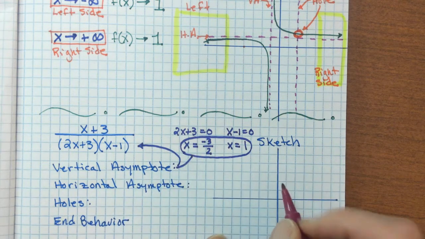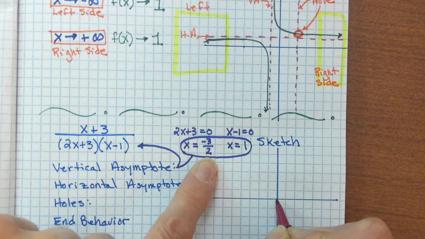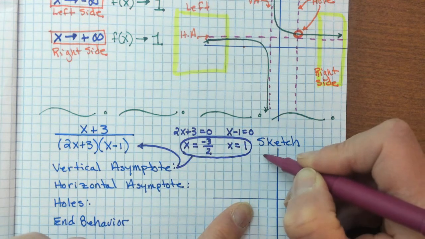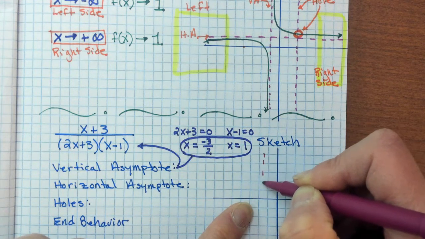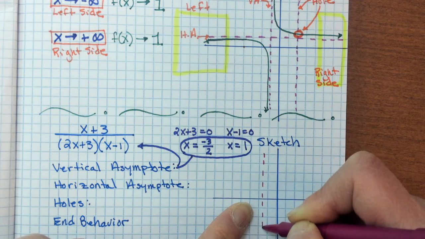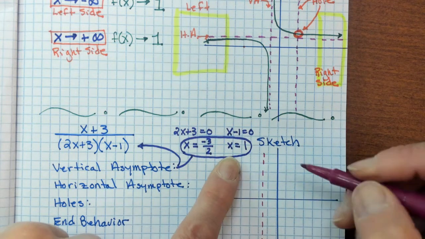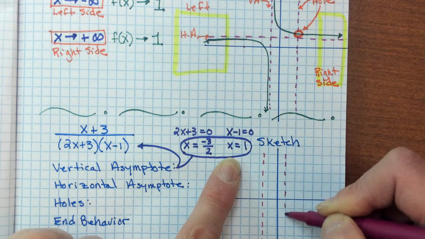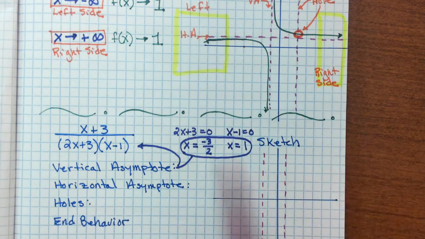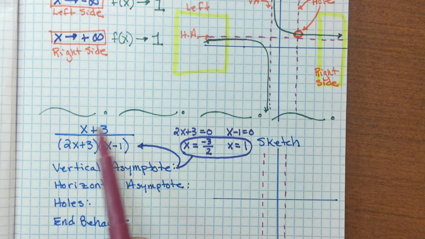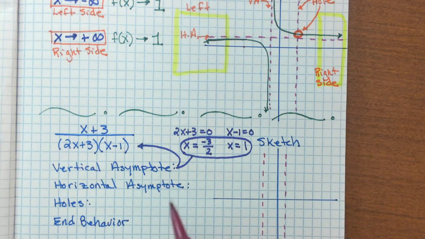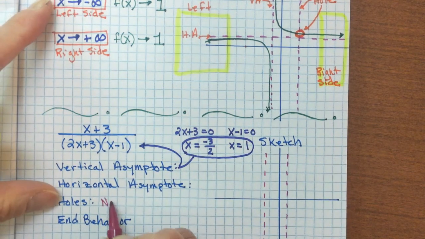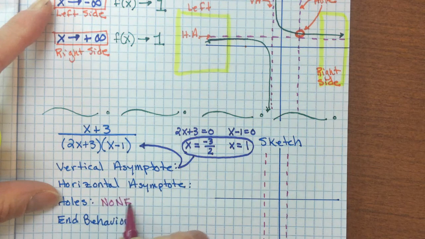So -3/2 is like -1.5, so that would be about here. And x is 1 is here. So I don't have any holes because there's nothing I can divide out in the top or the bottom. So as far as holes go, there are none.